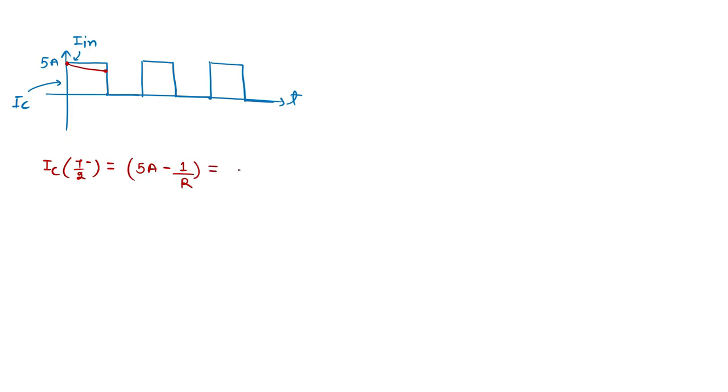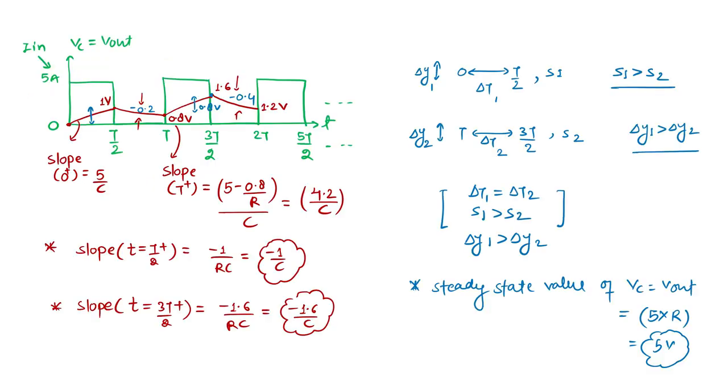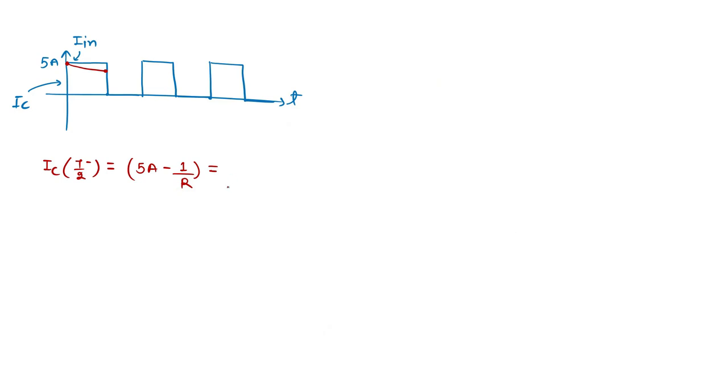If it is charged to 1 volt and I'm considering R to be 1 ohm, that is nothing but 4 ampere. So the current reaches from 5 ampere to 4 ampere.